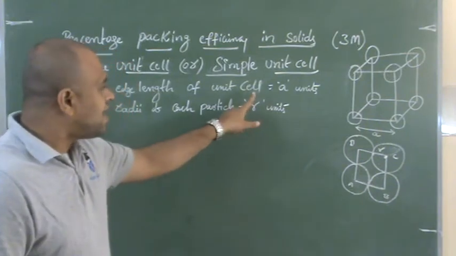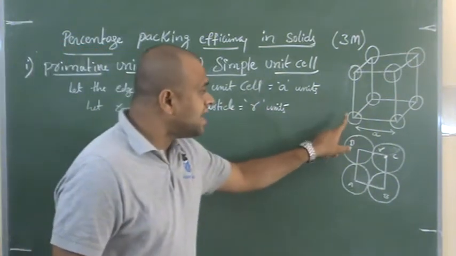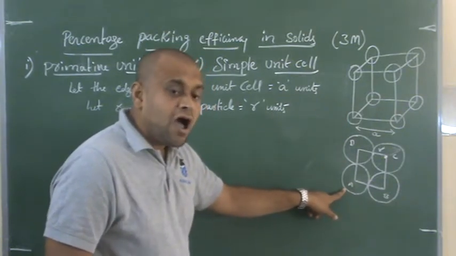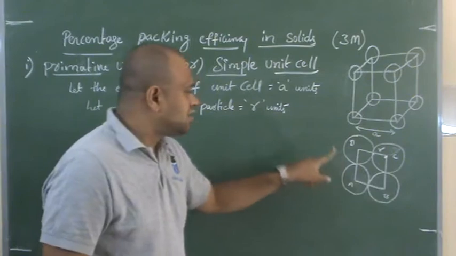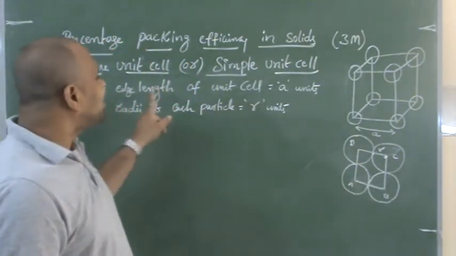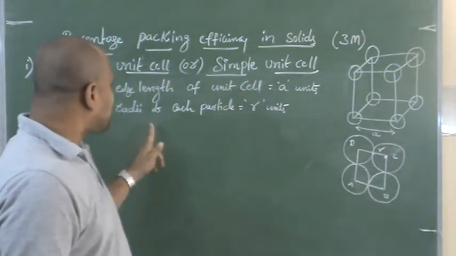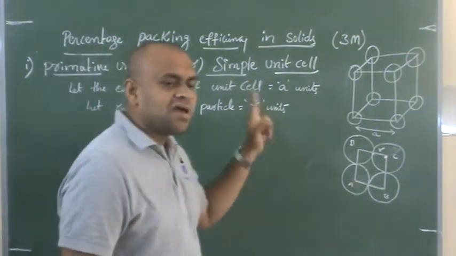So that is why I took, let the radii of each particle be r units. Once again, I took a primitive unit cell. In a primitive unit cell, the particles touch each other along the edges. Then let the edge length of the unit cell be a units. Let the radii of each particle be r units.